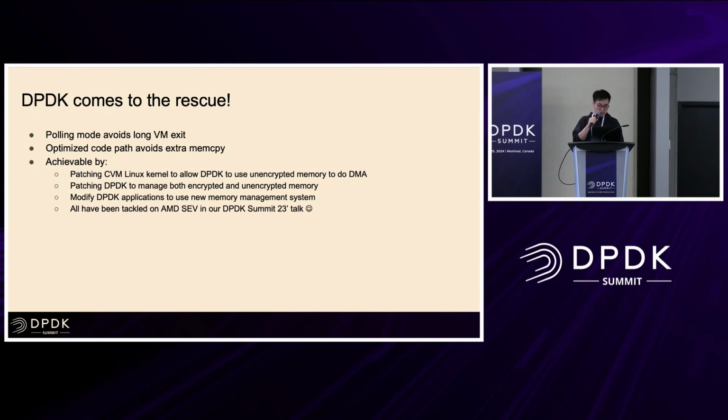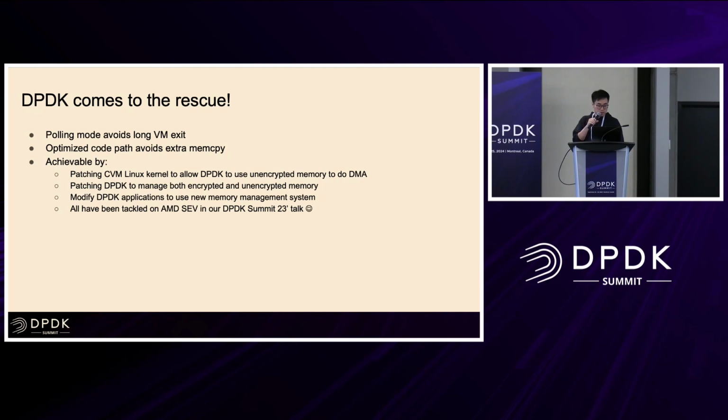So here, how can we use DPDK to optimize the two problems that we just talked about? Well, DPDK PMD operates in poll mode, so the number of VM exits can be reduced. And the extra memory copy can also be taken away, which we will talk about a bit more later.